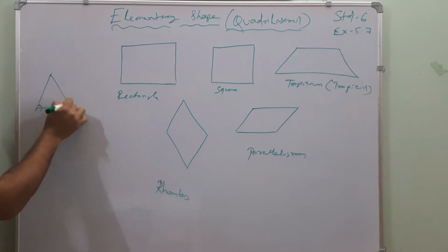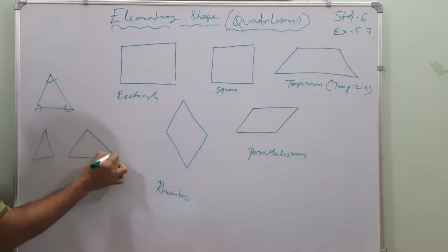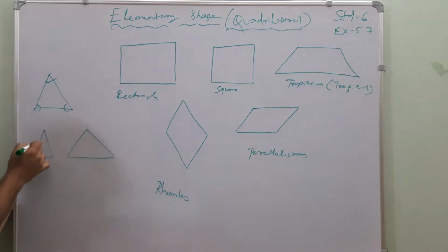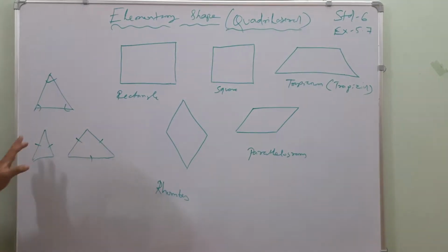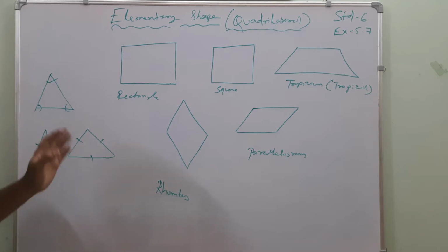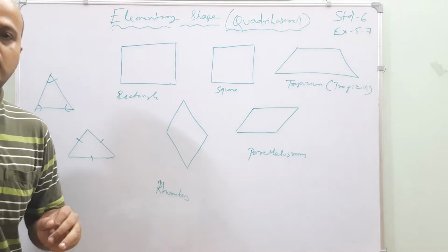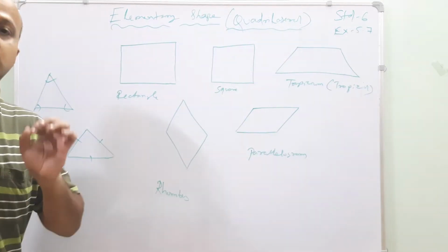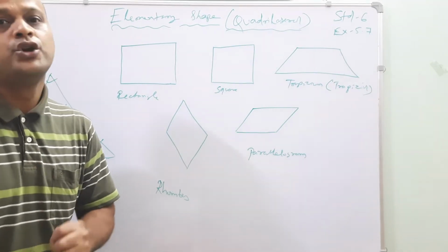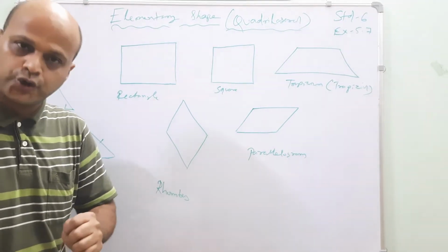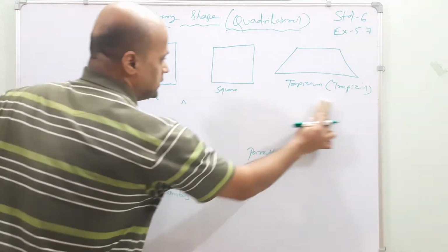And if 2 triangles come at a time, how do you recognize them? We discussed this in the previous class: if 2 sides are equal, it is an isosceles triangle, and if 3 sides are equal, it is called an equilateral triangle. In the same manner, quadrilaterals have certain properties. Let's discuss one by one, my dear friends.